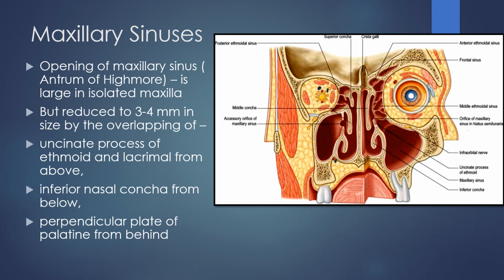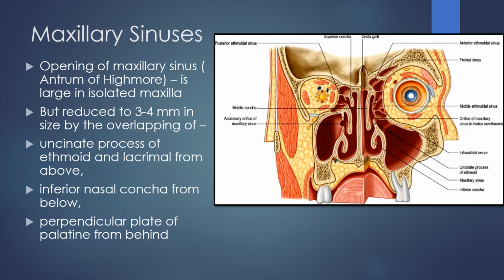Now the opening of the sinus, if you see it in an isolated maxilla bone, is larger in size, but in life it is reduced by overlapping of certain structures or bones coming from above or below. Coming from above are the uncinate process of ethmoid and lacrimal bone.